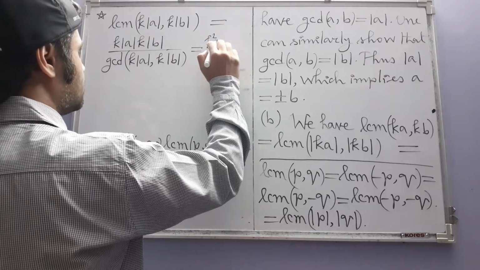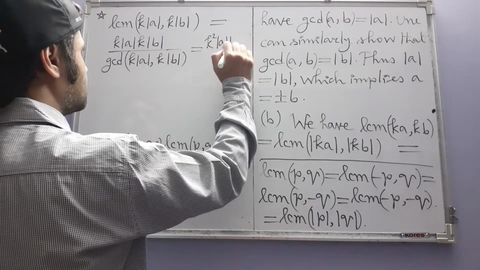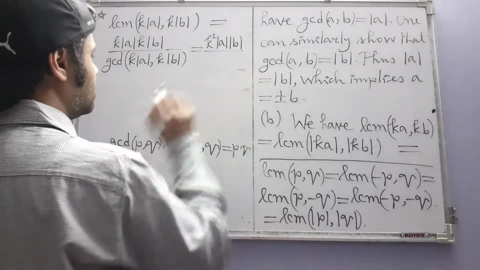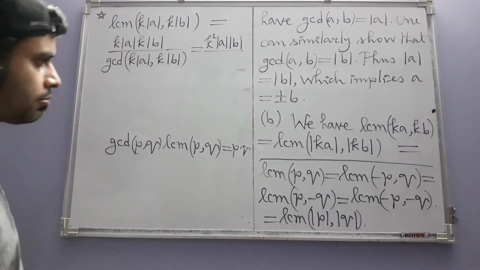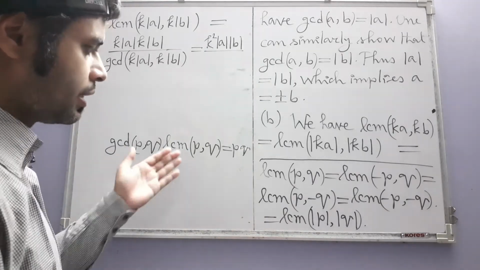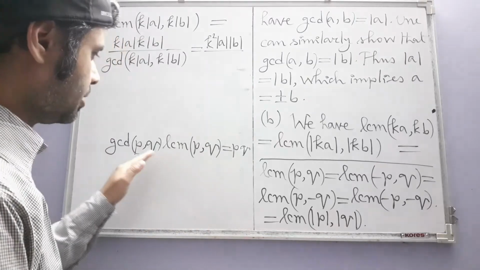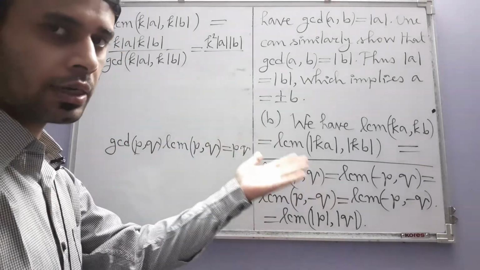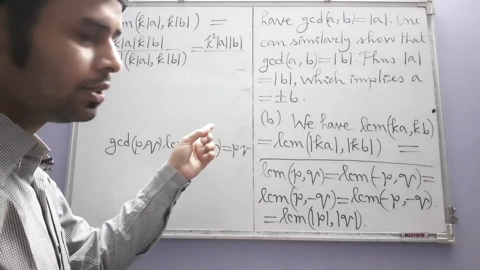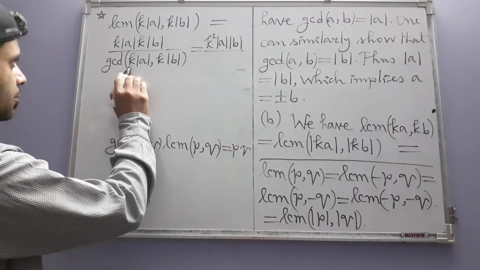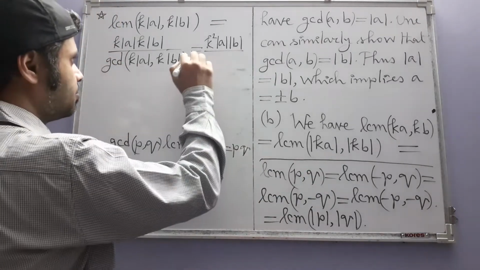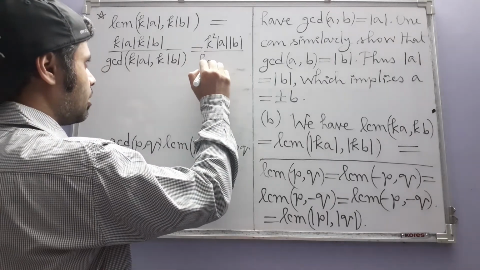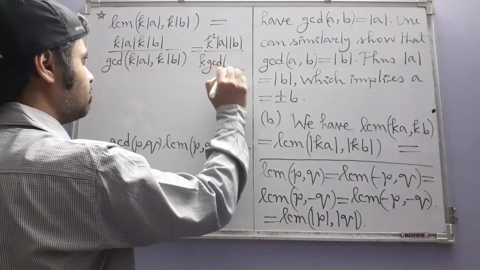Okay, now this is K square times this divided by, now that result that I was mentioning back then, whatever we are now trying to prove for LCM, we have a similar one for GCD. So by that one, this K can be taken out and you will have GCD.